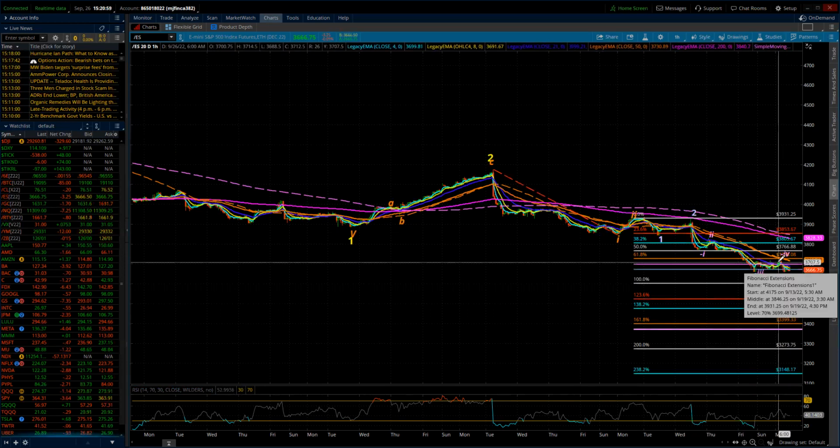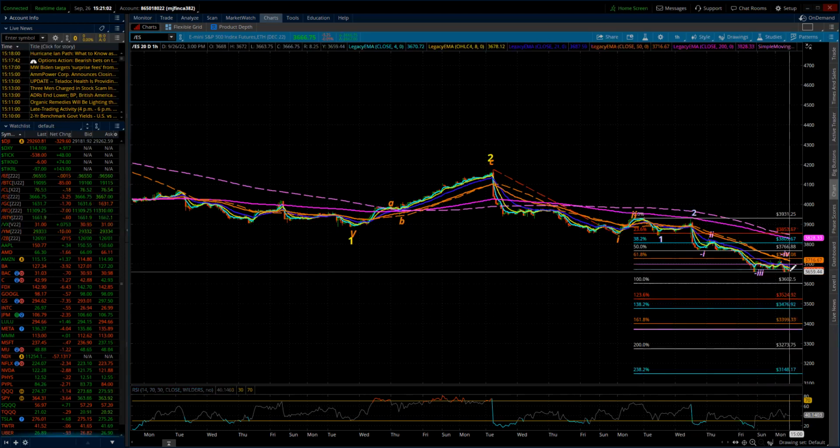So right now, for tomorrow, rally should be very minimal. And again, we may complete this subminute wave 5 during the Globex session. And then that would start the process for the minute wave 3 to be complete and the minute wave 4 to begin.